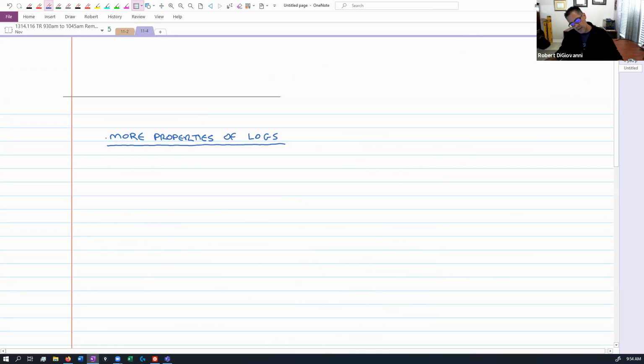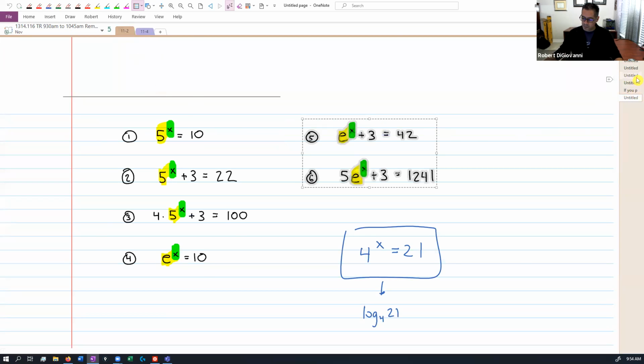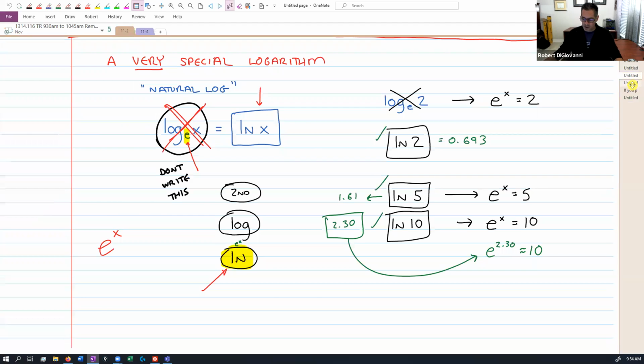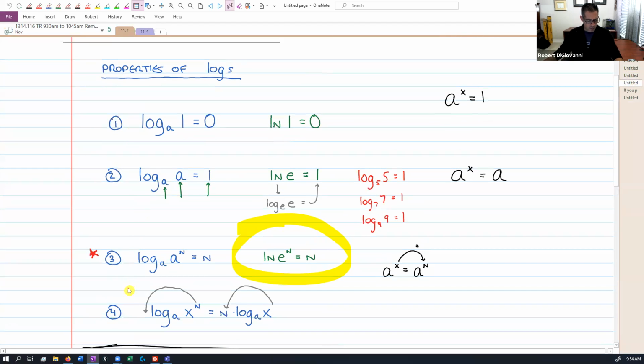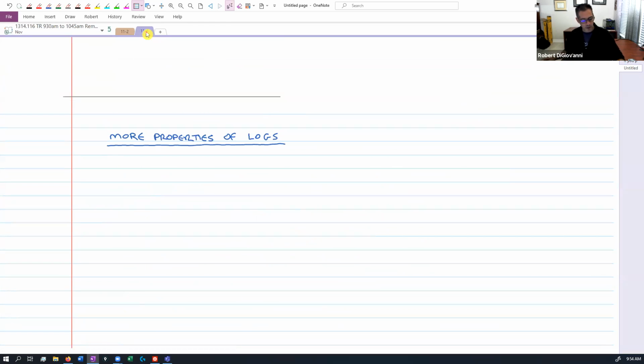Now these properties are a little confusing to people, so you'll have to see it in action. I gave you 4 properties, so I'm going to pick up now with the 5th property. This property says this.